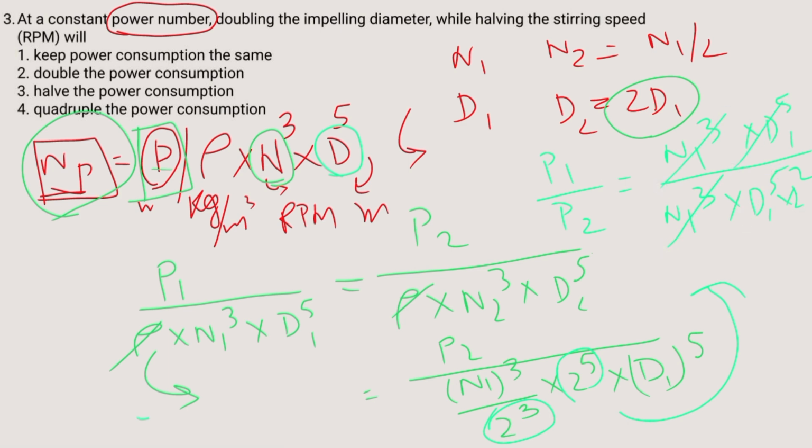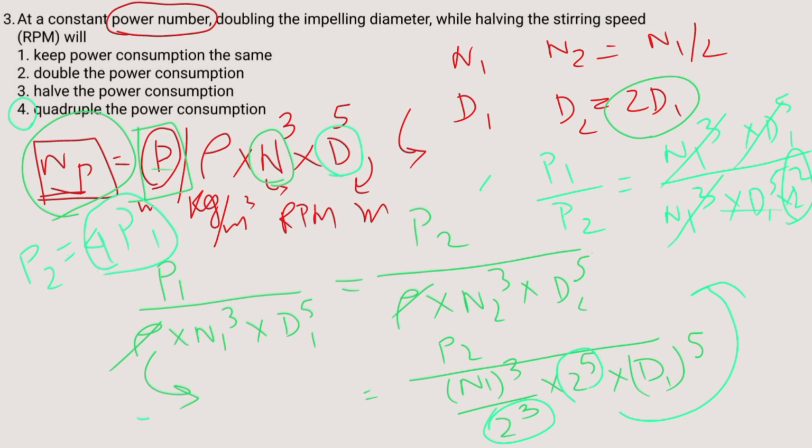Thus those terms will be cancelled out, and P2 will be 4 times P1. So in the options, it is the quadruple of the power consumption. The power consumption will be quadrupled.